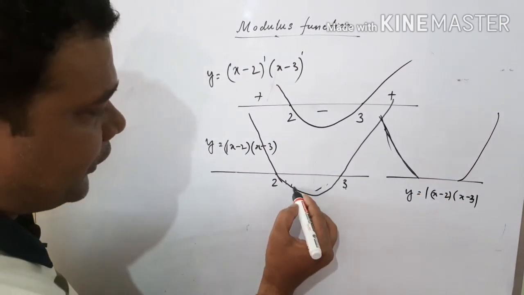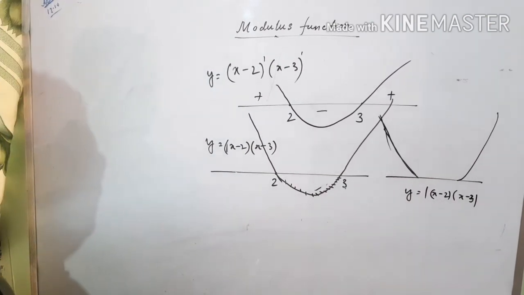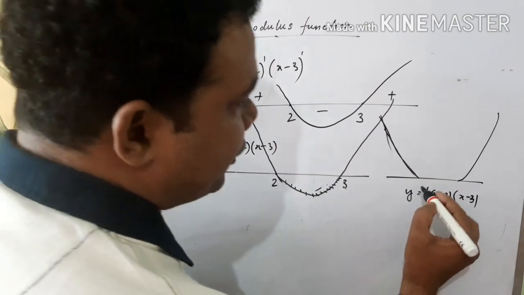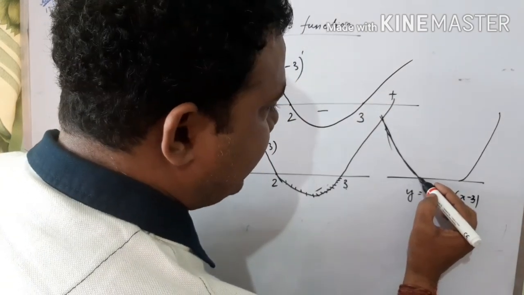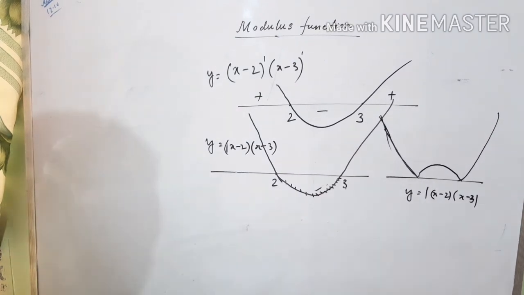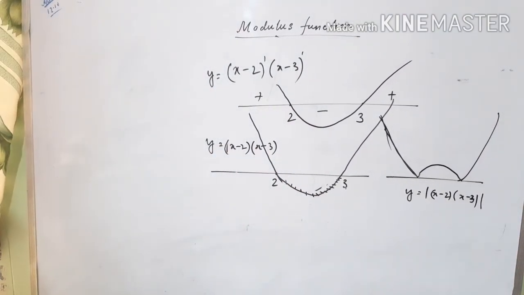And below the x-axis, what will happen? We just erase this part of the graph and draw a mirror image of this part with respect to the x-axis. So the graph will look like this. Remember that this is the graph of y equal to mod of x minus 2 into x minus 3.